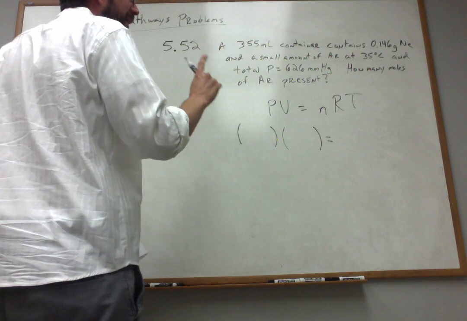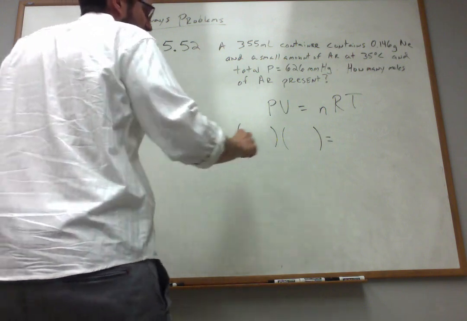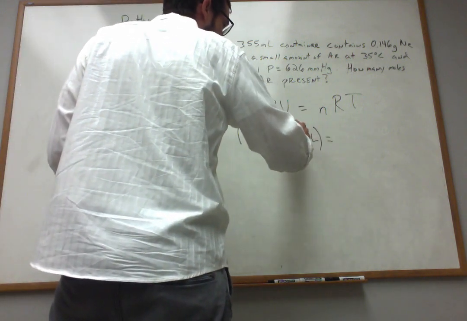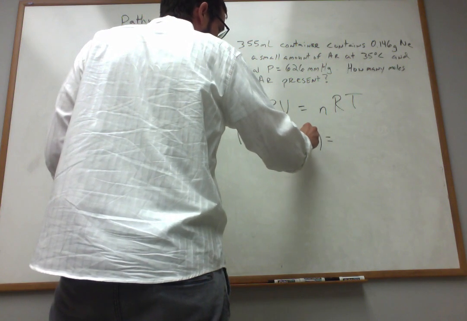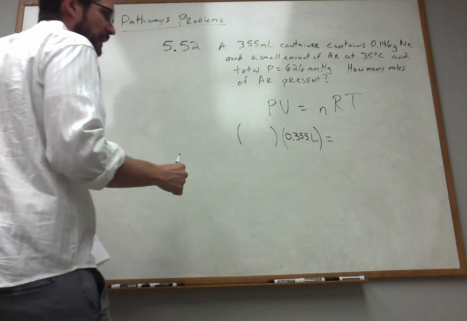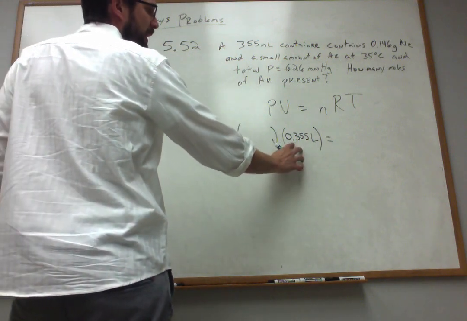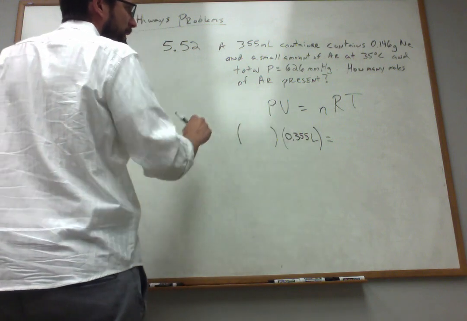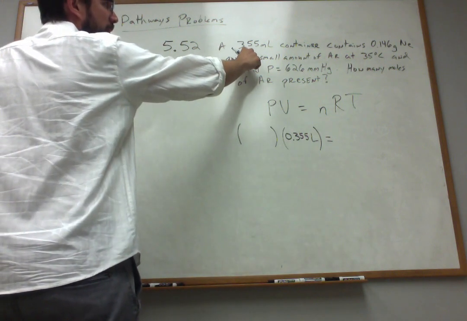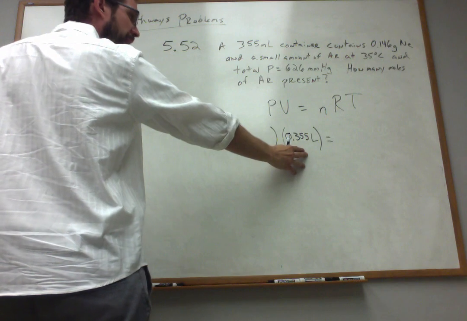First thing we're told, 355 milliliters is the volume of our container. We know that gases expand to fill their containers completely. I'm very confident as a result that I can list 0.355 liters as my volume V. Notice I converted directly from milliliters to liters by dividing by 1,000 here.